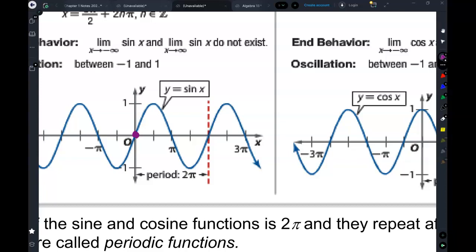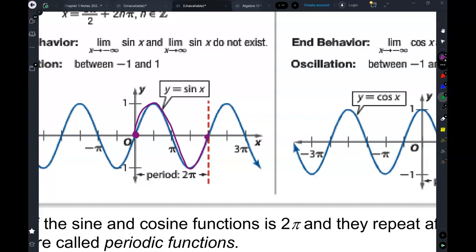This is one cycle, and it ends at 0 again. In one cycle, the angle goes through 2 pi: 0, pi, 2 pi. So that's one period of a sine function. How long it takes to complete one cycle is 2 pi.